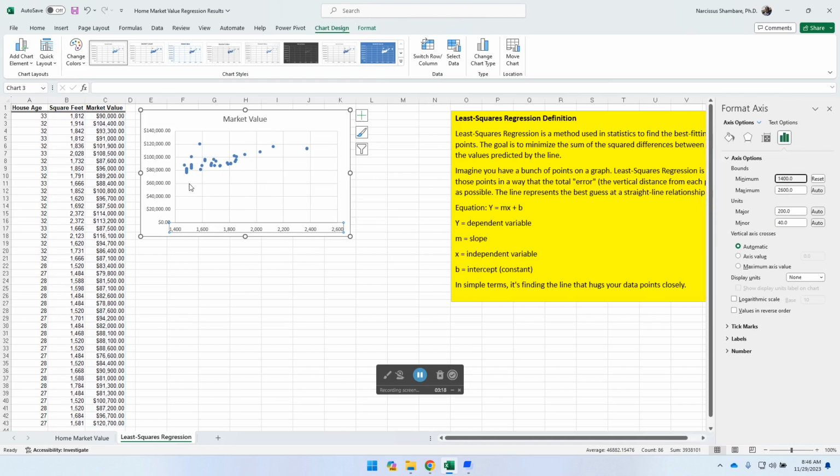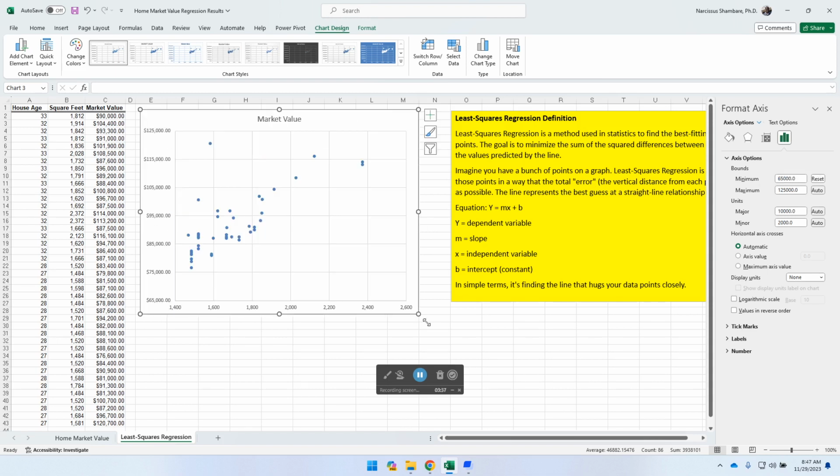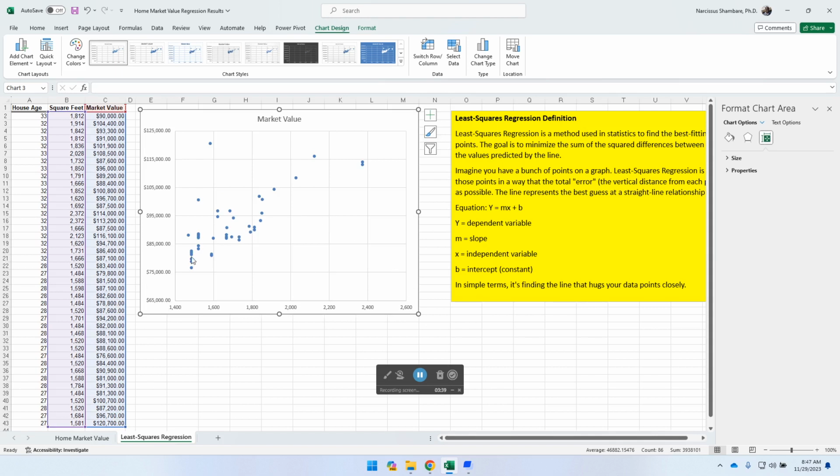Also the market value does not start until about 65,000, so we want to change the minimum to 65,000 so that our graph looks a little bit cleaner. Okay, so we can expand it so that we can actually see the different data points.